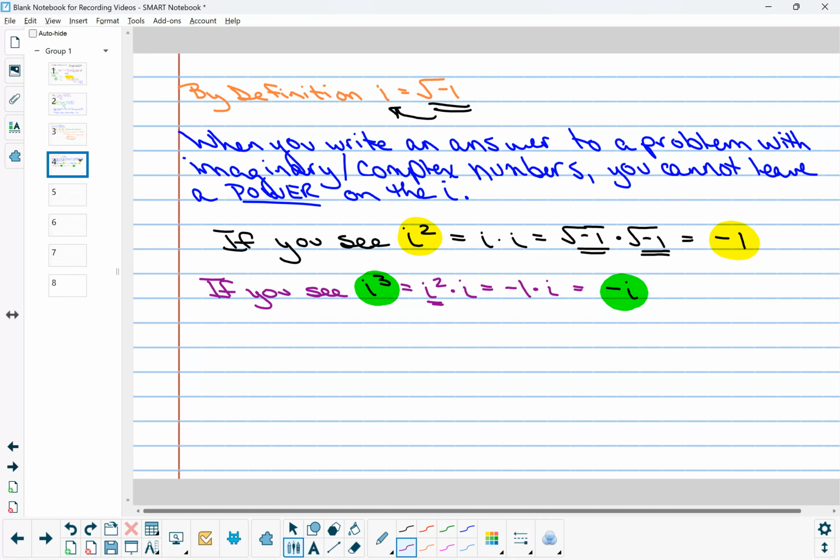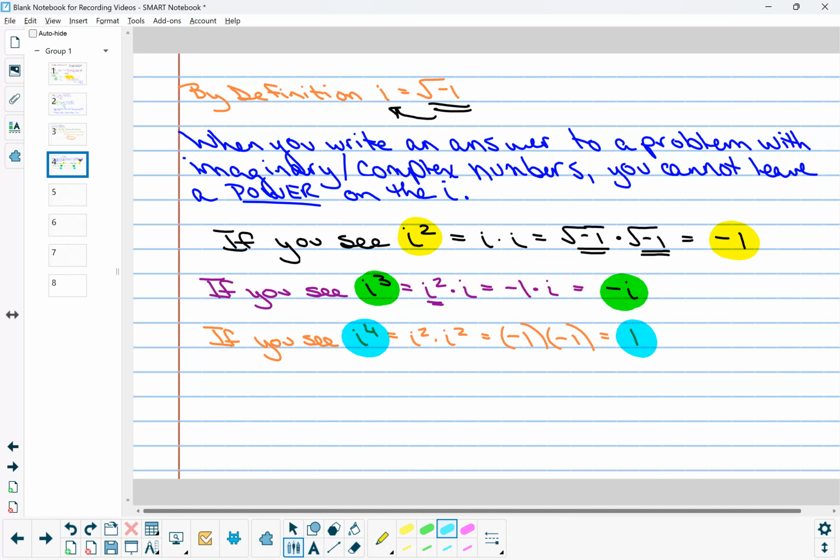Okay, and then the next one is if you see i to the fourth power, well, that's equal to i squared times i squared. And we know that i squared is equal to -1, so that's -1 times -1, and -1 times -1 is +1. So if you see i to the fourth, you're going to make that a +1.